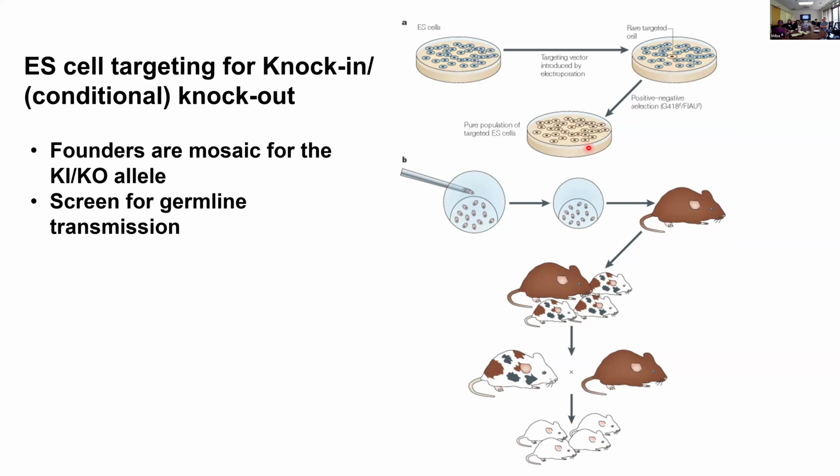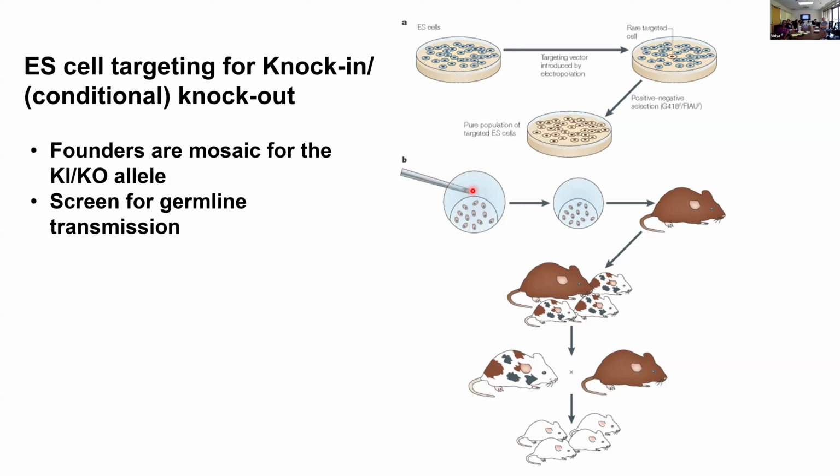In the end you grow up the ES cells that are targeted, and those cells then get injected into the blastocyst. This is a later stage than what we talked about in the random integration, which is just the one cell stage, the beginning of life. This is 3-4 days after that, when the embryos have grown to the blastocyst stage.